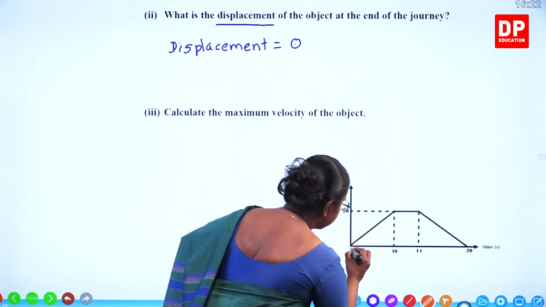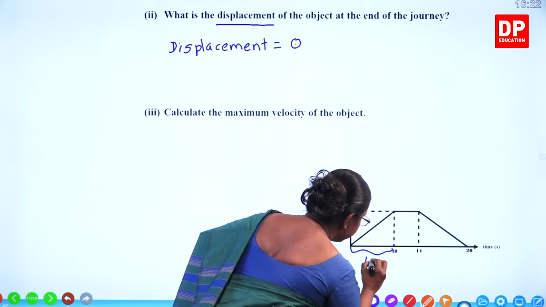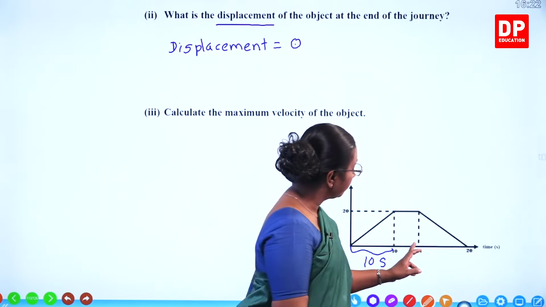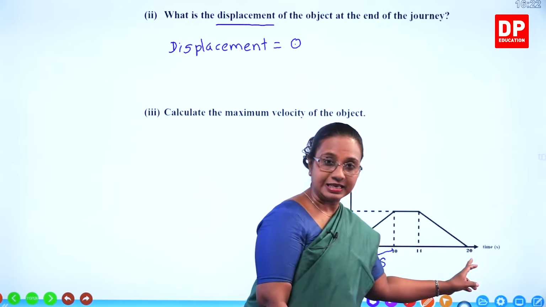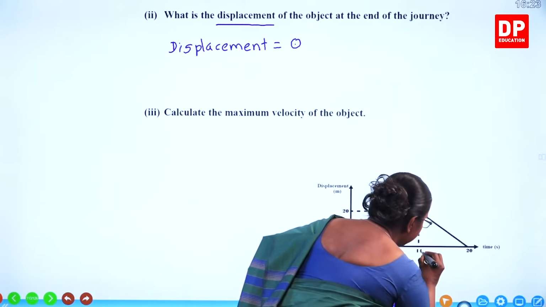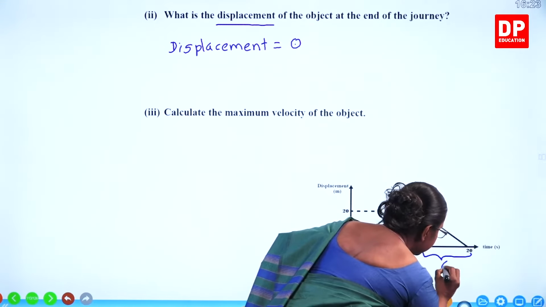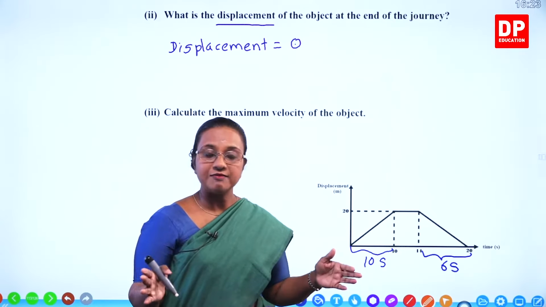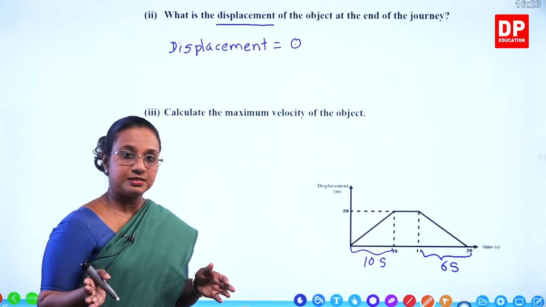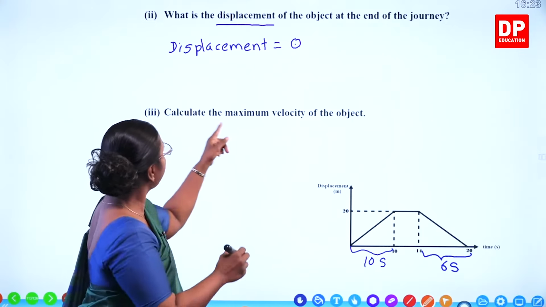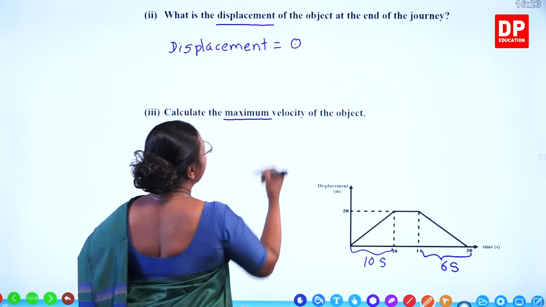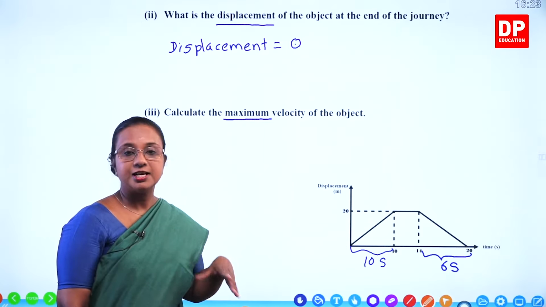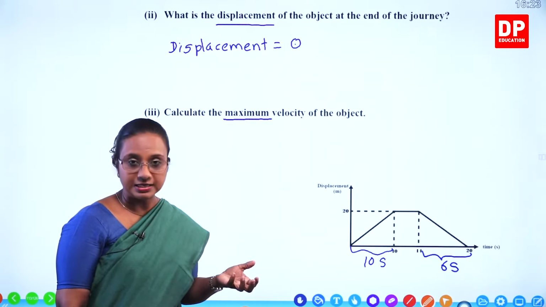So here it has taken 10 seconds for the movement in one direction, and from 14 to 20 seconds for the opposite direction. So that means it has taken 6 seconds for the object to travel the same distance. So when they ask you to calculate maximum velocity of the object, we have to consider the maximum magnitude.